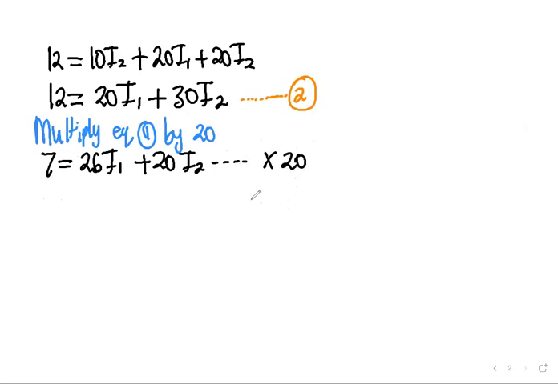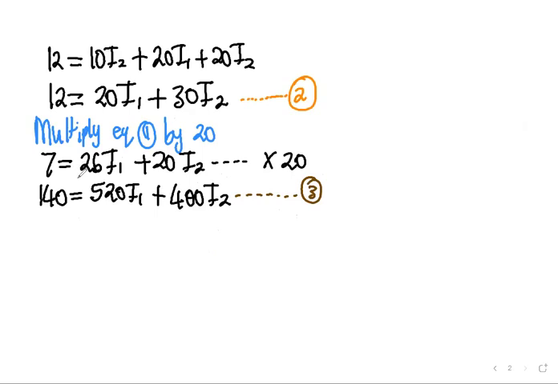So 7 times 20 gives us 140, equals 26I1 times 20, so it will be 520I1, plus 20 times 20, that is 400, so 400I2, right? So this on its own gives us our equation number 3.